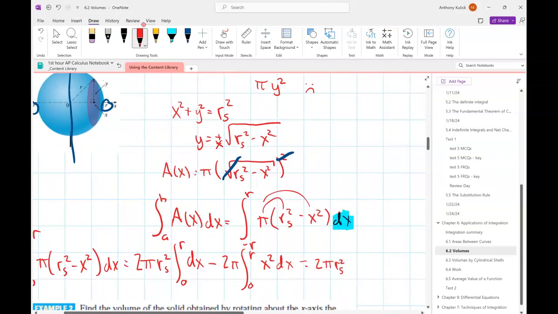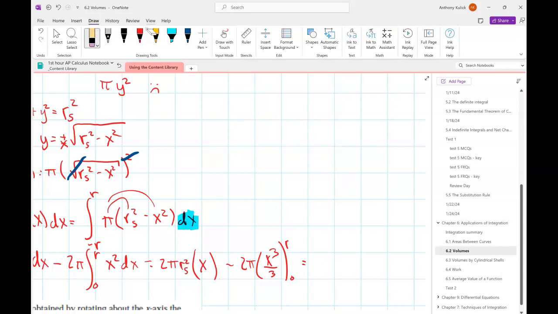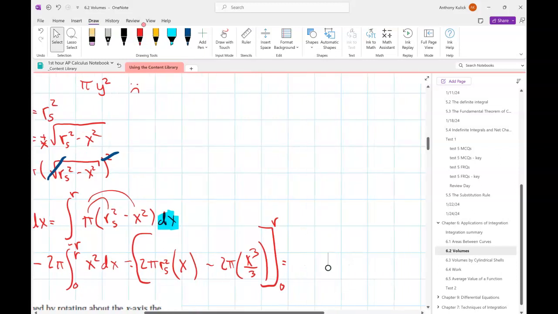The antiderivative of dx is just x. And the antiderivative of x squared is x cubed over 3. And it's a definite integral, so I'm going to actually think about it this way, just to make life a little cleaner.